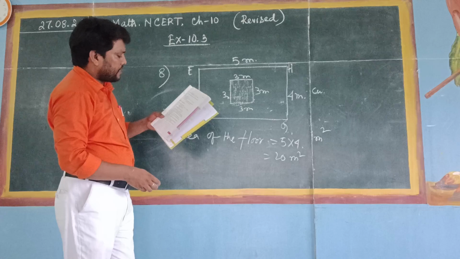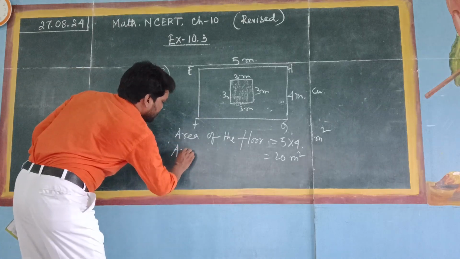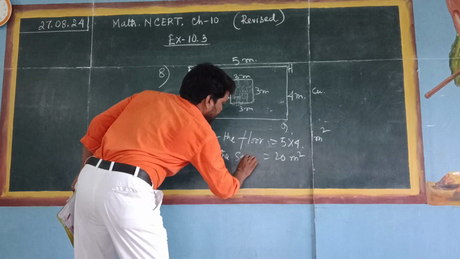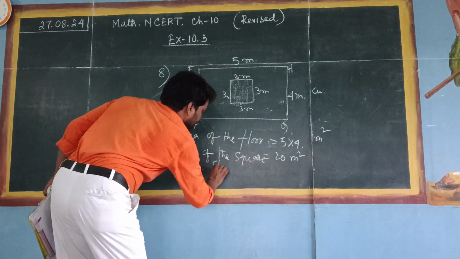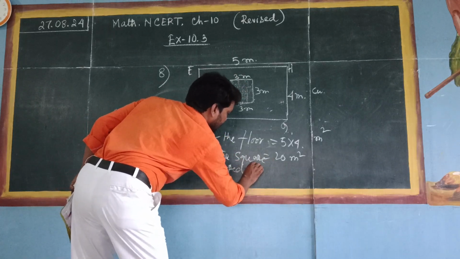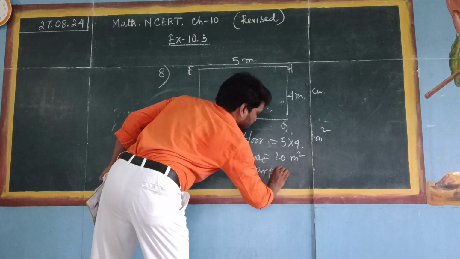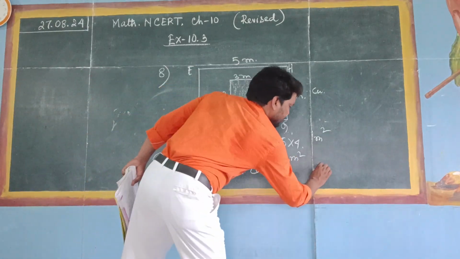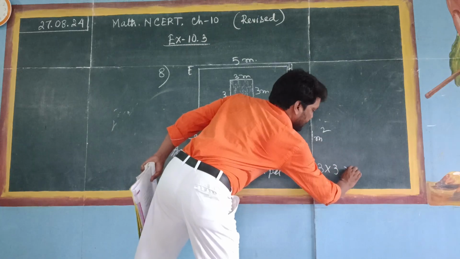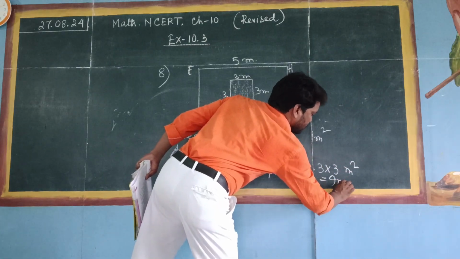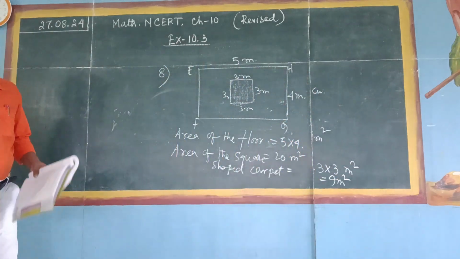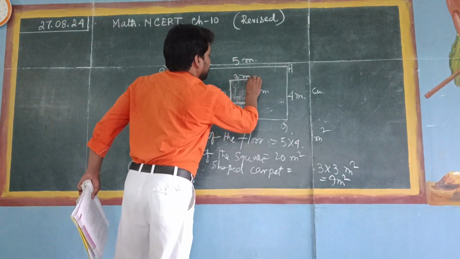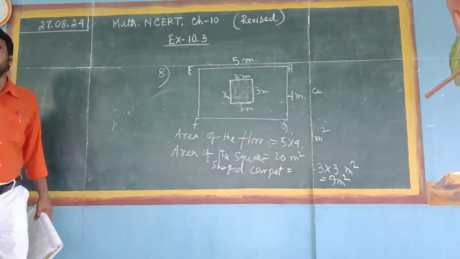It is the square carpet. What is the area of the square? Side into side, that means 3 into 3 meter square, that means 9 meter square. The area of this portion is 9 meter square.